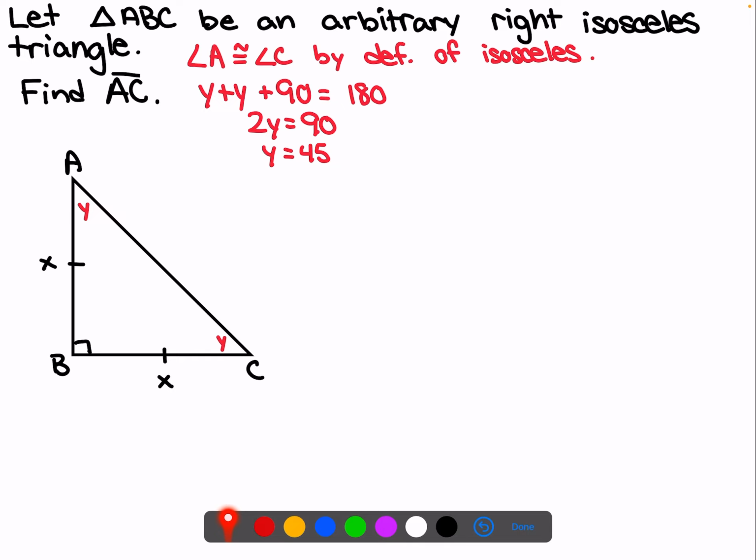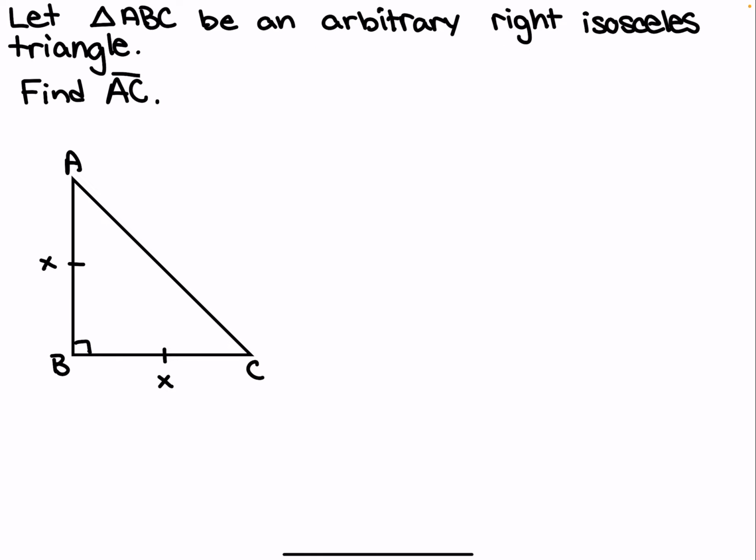If I call them both angle Y, then we should be able to solve for that angle using the angle sum theorem of triangles. So that'd give us angle Y plus angle Y plus 90 equals 180. Combining like terms and subtracting 90 from both sides gives us 2y equals 90, so therefore y equals 45, making this into a 45, 45, 90 triangle. Exactly what we were looking for.